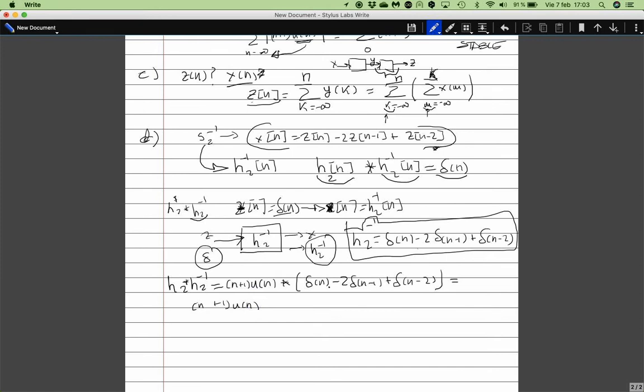Then this convolved with that will be minus 2, and then the function displaced to 1. So (n minus 1 plus 1) u[n minus 1], and the last term will be displaced by 2. So this will be plus (n plus 1 minus 2) u[n minus 2].